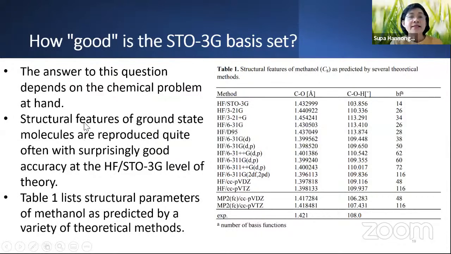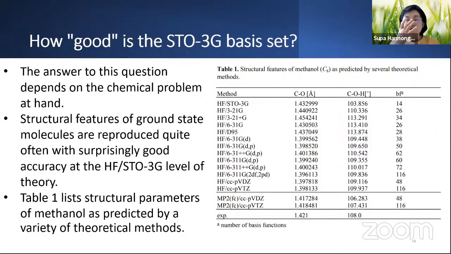Okay, and the structural features of ground state molecules are reproduced quite often with quite good accuracy at the Hartree-Fock STO-3G level of theory. Okay, and Table 1 here lists structural parameters of methanol as predicted by a variety of theoretical methods.